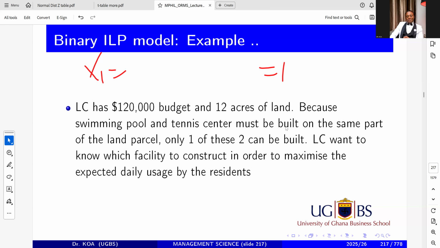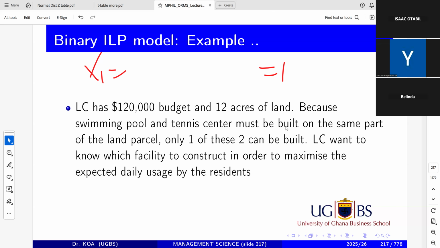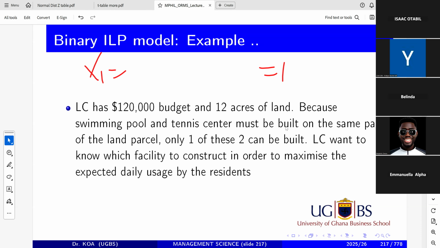Can be built. On the right hand side, it will be 1. Can be built. What symbol is that? X1 equals to 0? That is not correct. Can be built, that is a possibility, but it's not correct. Belinda?